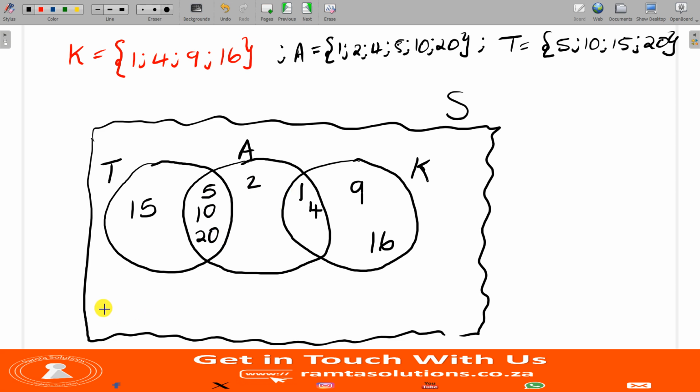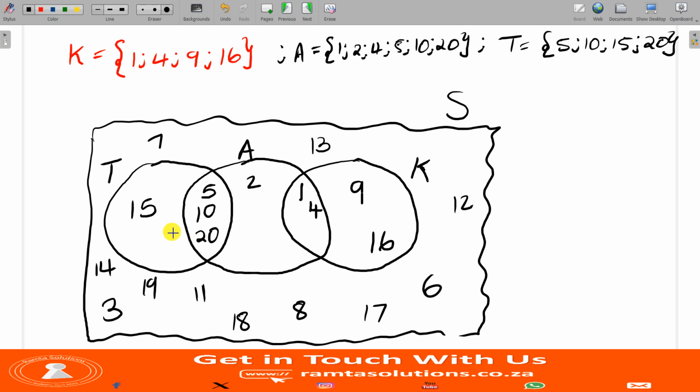We don't have 3, so 3 is not in these events. 4, it's here. 5, it's here. 6, it's not. 7, 8, nope. 9, yes. 10, yes. 11, 12, 13, 14, nope. 15, here it is. 16, here it is. 17, 18, 19, and 20, here it is.